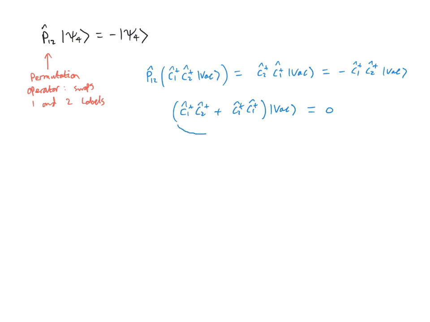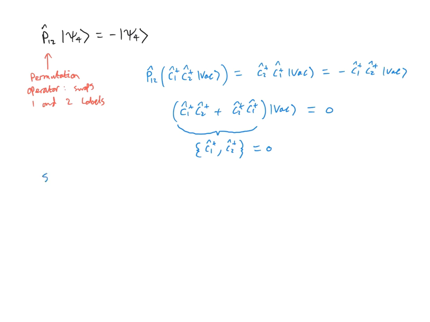So as an operator equation, we see that the anti-commutator of C1 dagger and C2 dagger is equal to 0. And so here we've actually managed to derive, basically from first principles of the fermionic wave function antisymmetry, a commutation relation between operators on different sites. So that's an important relation.